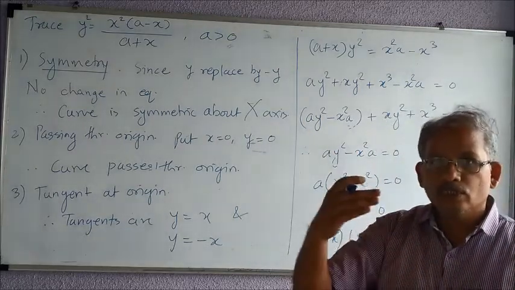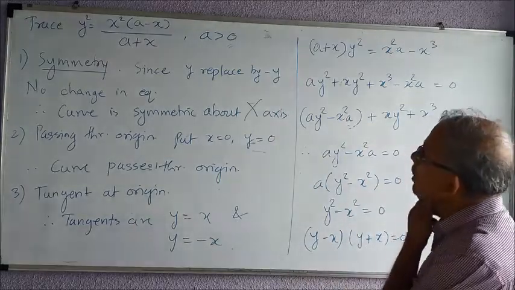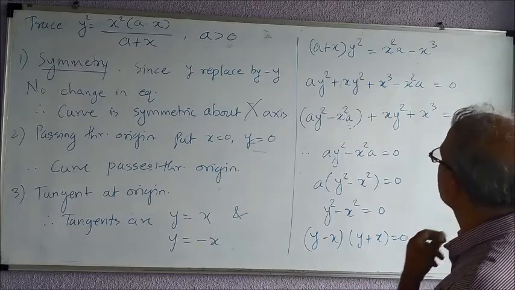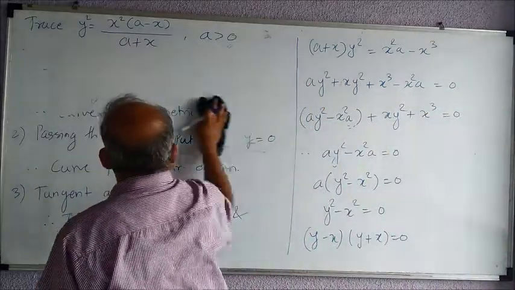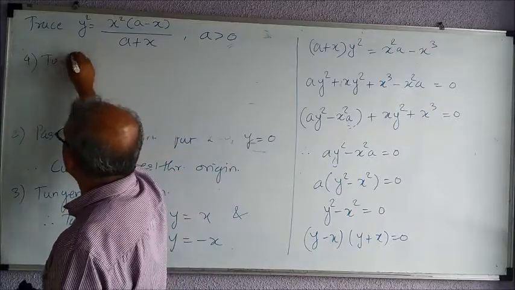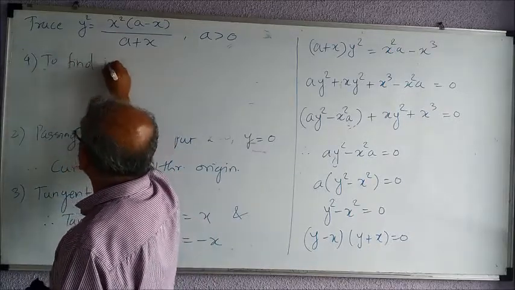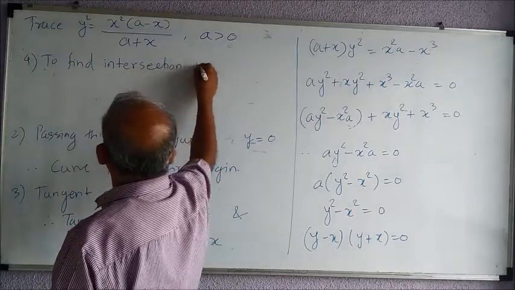Okay, fine. Now since the curve is symmetric about x-axis, it must intersect x-axis somewhere. So let us find out where this curve intersects x-axis. So next, fourth point, to find intersection with x-axis.